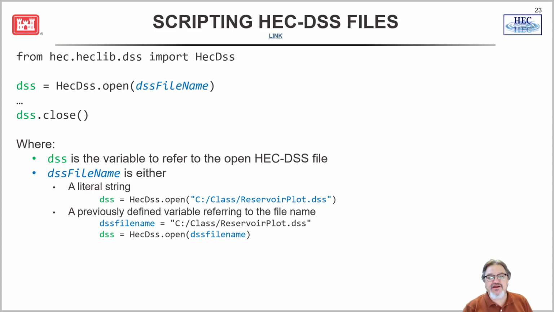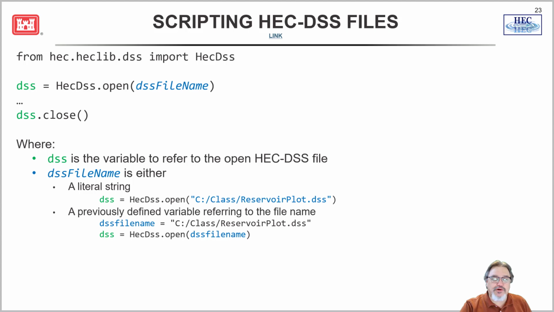They're both perfectly acceptable. Using a variable name is a lot of times the preferred method, simply because it can localize where you set all your stuff. You can set all your variable names up at the top of the script, and then you have one place to go to for all that information. Okay, so that's how we open and close DSS files.